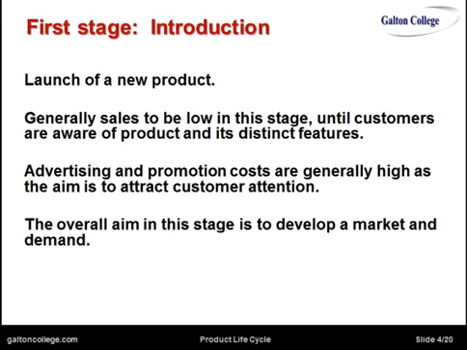Advertising and promotion costs, however, tend to be quite steep, quite expensive in this period, because the company is trying to establish the product. It's trying to get it into the market. It needs to make the customers aware of its existence, its price, its quality, its general attributes, and how it will satisfy their needs. So the overall aim in this stage is to develop a market and the demand for the product.